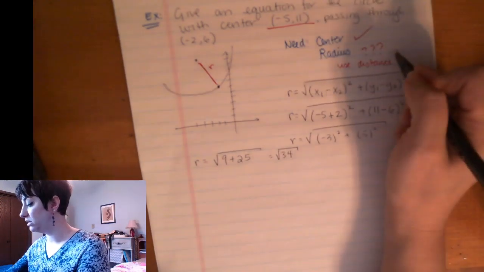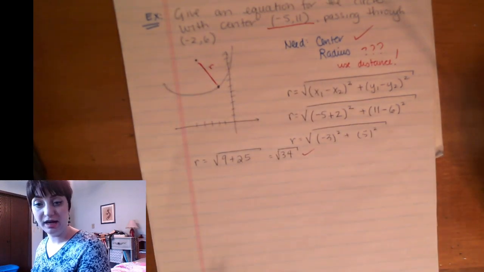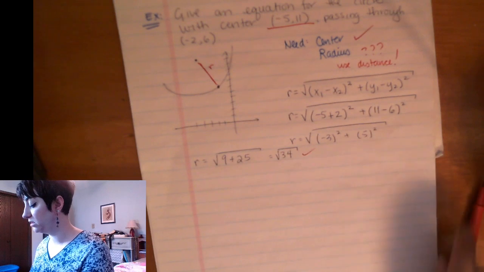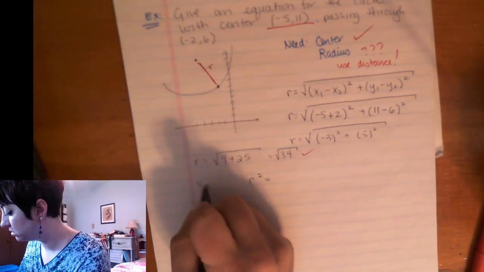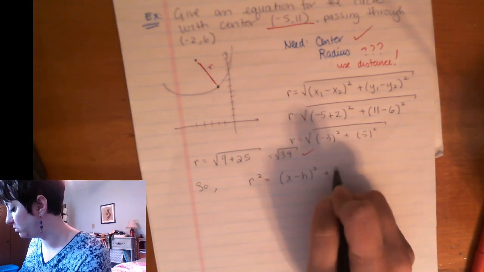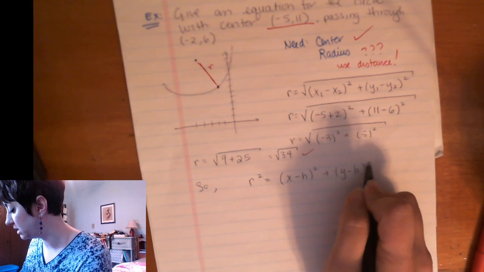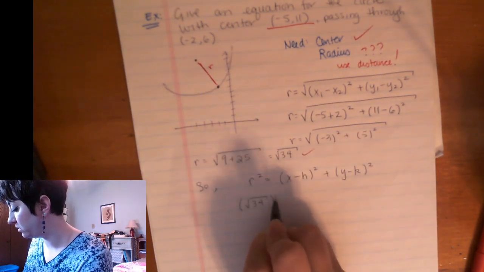All right, now I have a center and I have a radius, and I can write my formula. My circle formula says that r squared is x minus h squared plus y minus k squared. R was the square root of 34.